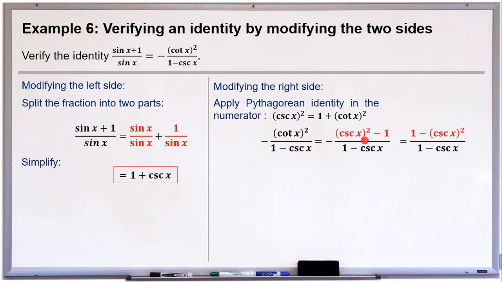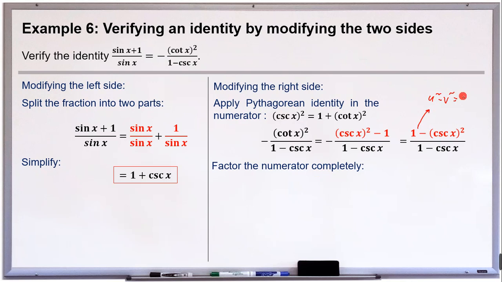Next, we are going to distribute the negative to our numerator, and it will become 1 minus cosecant x squared all over 1 minus cosecant x. Next, we are going to factor the numerator completely, because this is of the form u squared minus v squared.